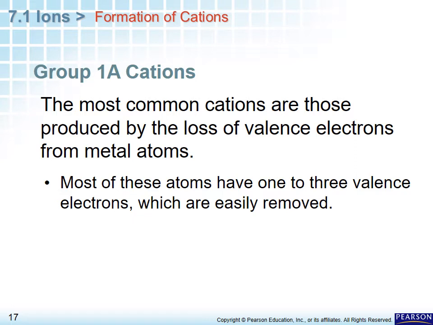Because they all want 8 electrons in the outermost shell, but what is easy for them is losing 1, 2 or 3 electrons, rather than gaining 5, 6, 7 electrons. So it's better to lose electrons. That's why groups 1, 2 and 3, which are all metals, are going to lose electrons to become cations.